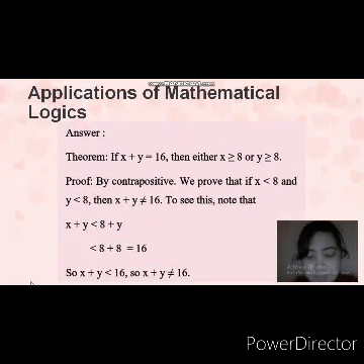Theorem: if x plus y equals 16, then either x is greater than or equal to 8 or y is greater than or equal to 8.